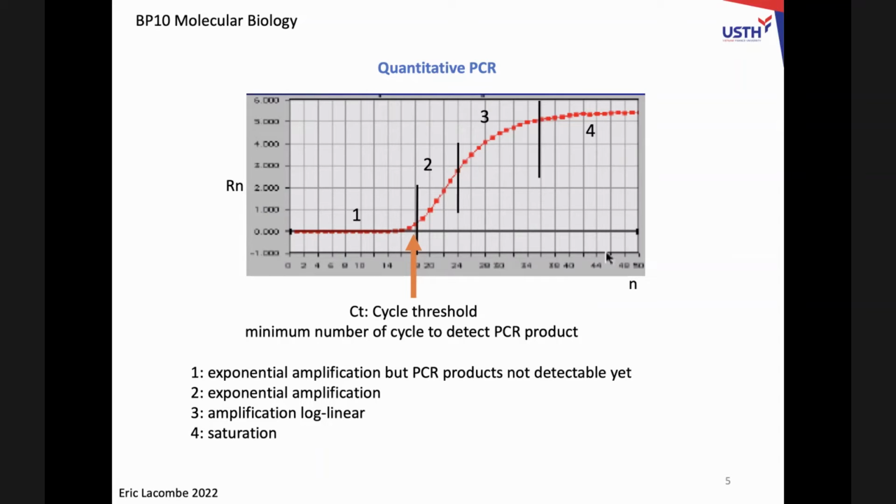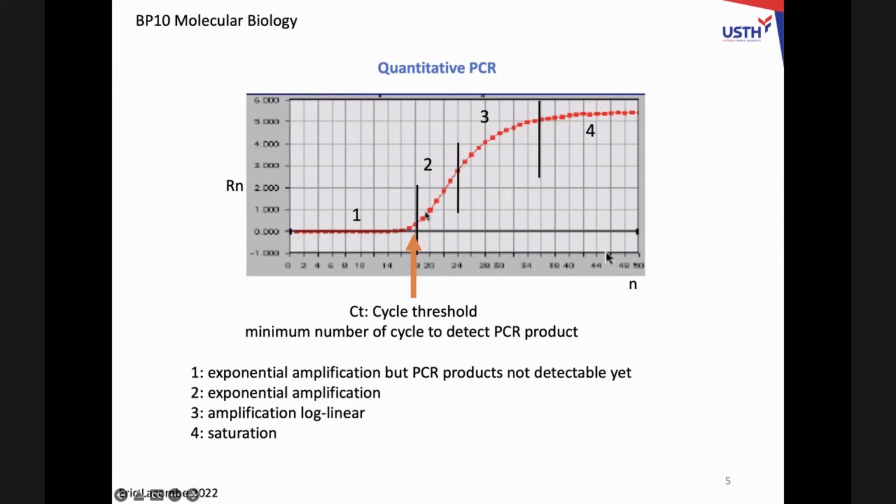So all the experiments in qPCR, what you have to keep in mind, are comparing the data coming from the exponential amplification. Okay? Do you have any questions on that? Did you understand everything? This phase is very important.